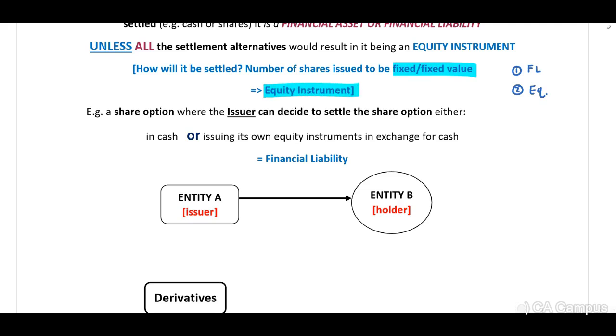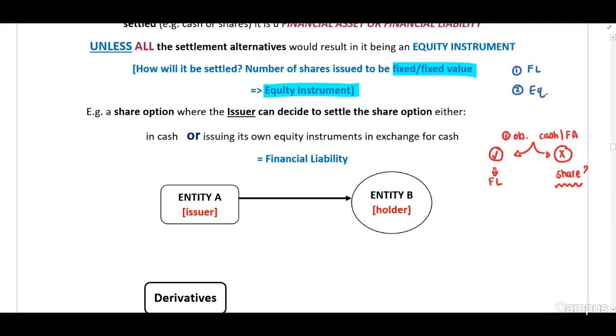Remember the questions. Question 1, is there an obligation to transfer cash or another financial asset? If your answer is yes, you need to know that this is a financial liability. If your answer is no, we need to ask ourselves the question if the entity will issue its own equity instruments.